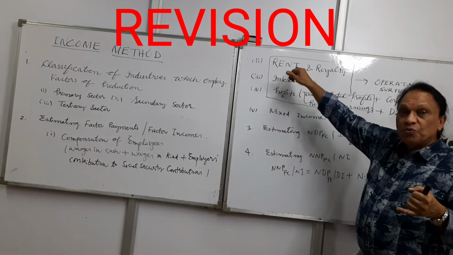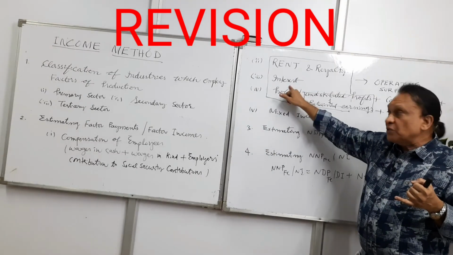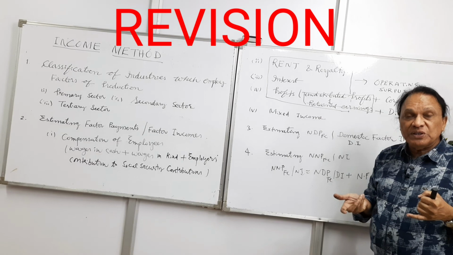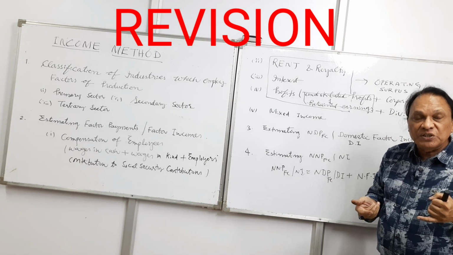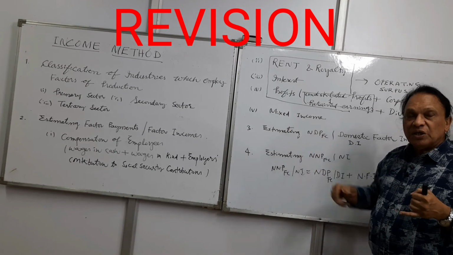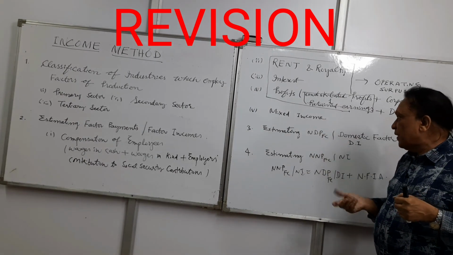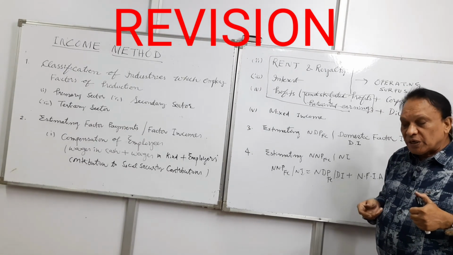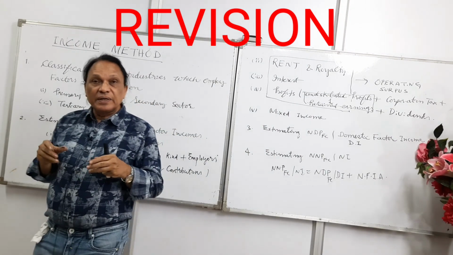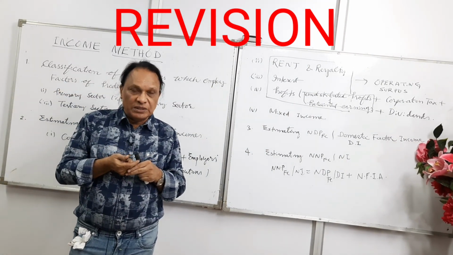The next one, you have rent and royalty, then interest, then profits, which has three components: corporation tax plus undistributed profits or retained earnings plus dividends. To this you add mixed income of self-employed. When you add up all these factor incomes, you get NDP at factor cost or domestic income. And the last step is, to this if you add NFI, net factor income from abroad, you get NNP at factor cost or national income.